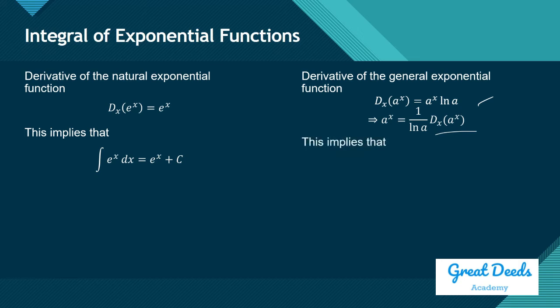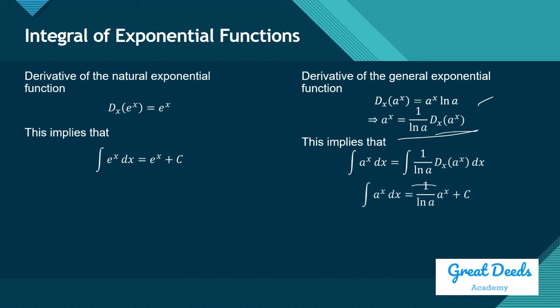So what then is the integral of a to the x dx? Well, it's equal to the integral of this. So 1 over ln of a is a constant. We can move it outside the integral sign.